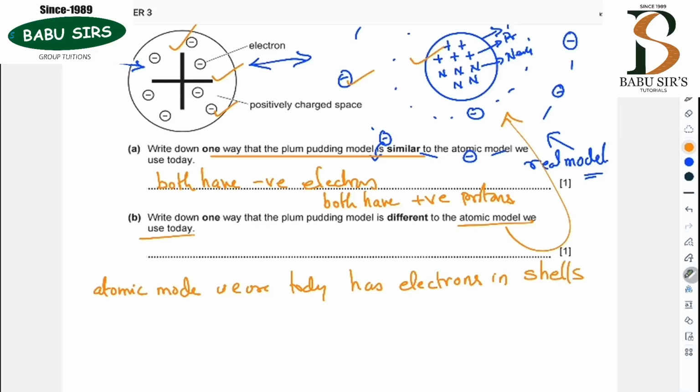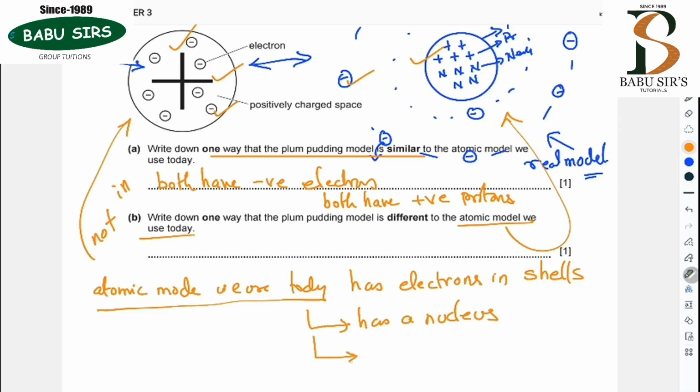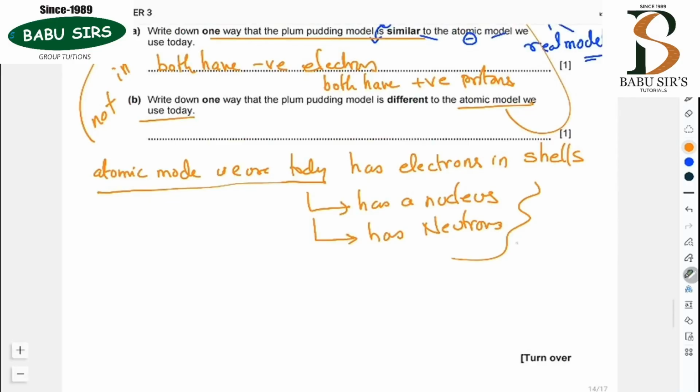Now this is not in this. Whatever I am writing, it is not in Rutherford's model. Second, the model we use today has a nucleus. The same model we use today has neutrons. Now all these things are not there in Rutherford's model.